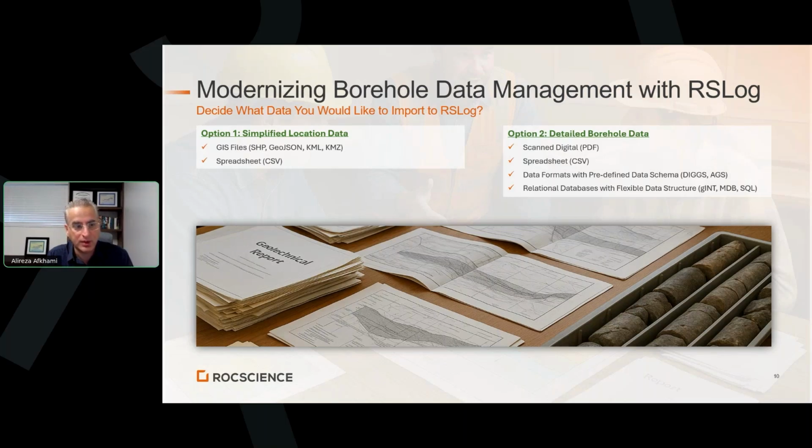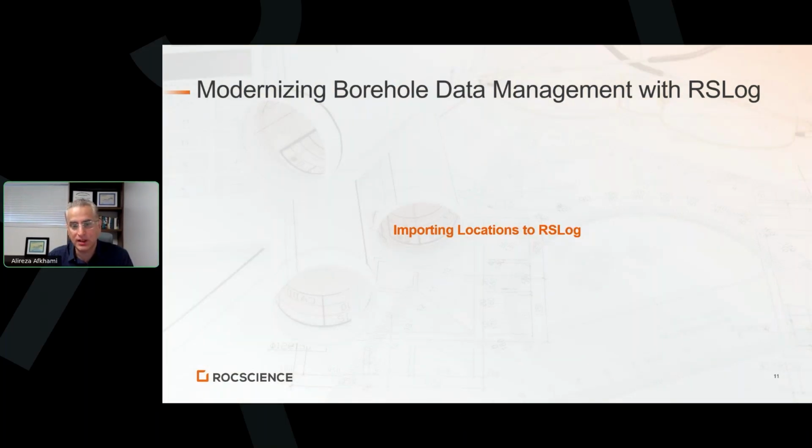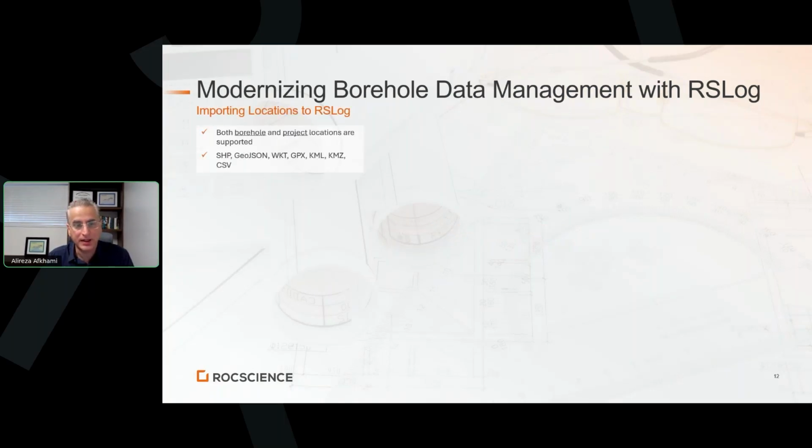In RSLog, you can bring in data from GIS applications or from CSV. Importing locations to RSLog, as I mentioned, is super easy. It doesn't matter if you want to bring the location of the boreholes or the location of your project.